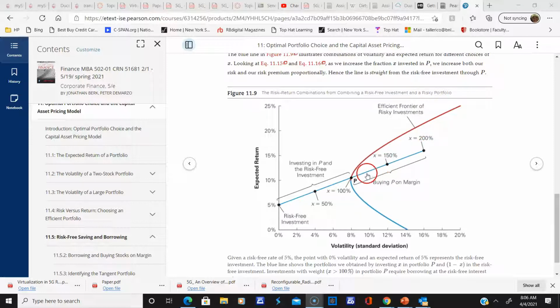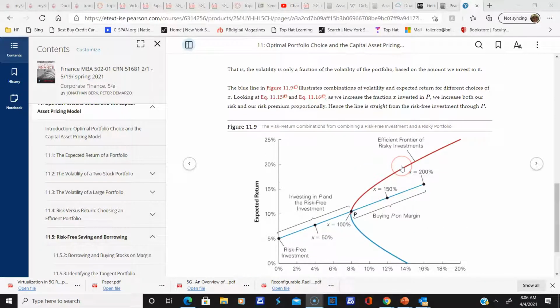All right. So I've kind of done this by borrowing money from the bank to invest in the stock market. However, here is the efficient frontier of risky investments, so you can clearly see that if I'm not on margin, I'm okay up to here, and then up to here, I'm going to get a higher expected return for the same volatility I have here.